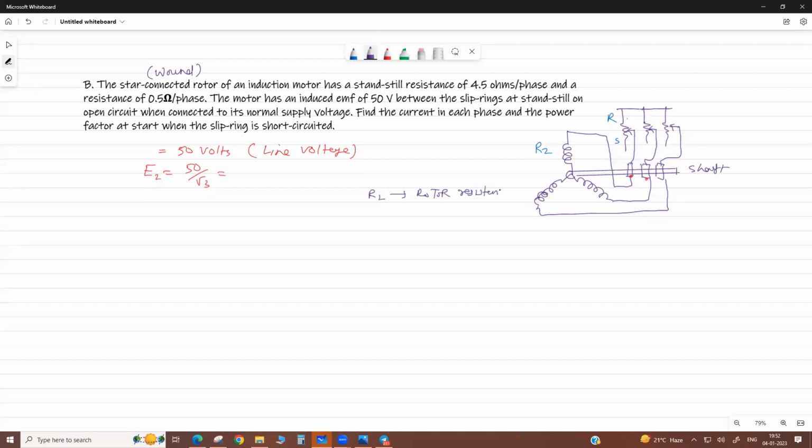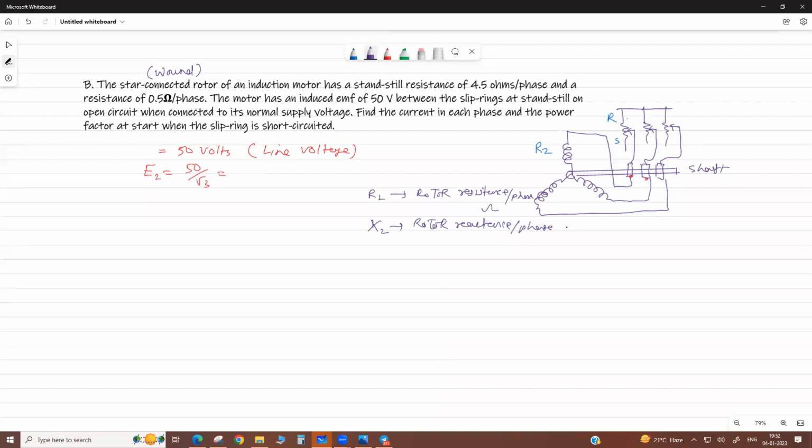Okay, my dear, resistance. Always it is per phase, and it is in ohm. Same like here, if we write X2, it is rotor reactance. Again, it is per phase.